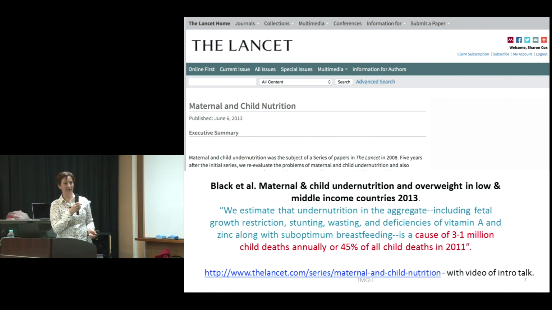That is data from 2011, so it hadn't changed that much. They've taken a broader analysis of what undernutrition means and how you measure it, but it's still estimated 45% of all deaths.